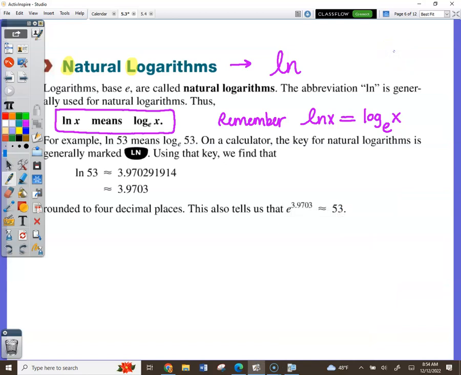If you were here on Thursday, I don't think we wrote this. You need to know that LN and E are inverses. Log and exponential, I'm running out of room, are inverses. Okay?